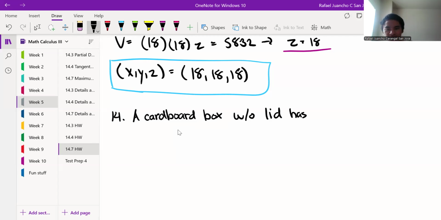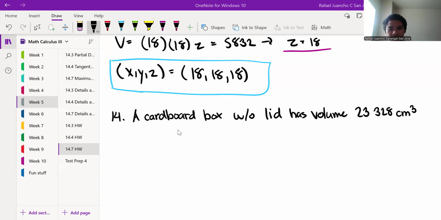It has the volume of 223,328 centimeters squared. Or was it cubed? Oh, shoot, it was cubed because it's a volume, obviously. And then from there, we're being asked to find the dimensions to minimize the amount of cardboard used. And we're going to let x, y, and z be the dimensions of the cardboard box.